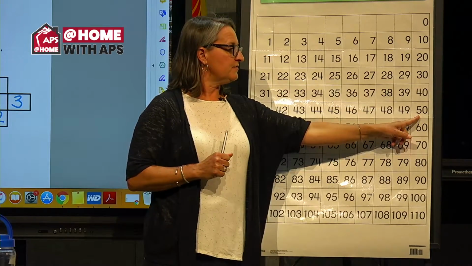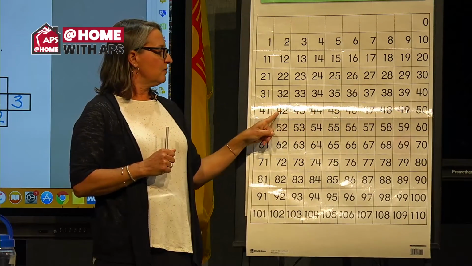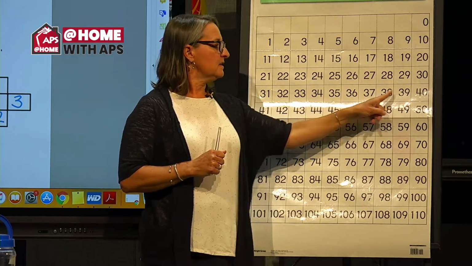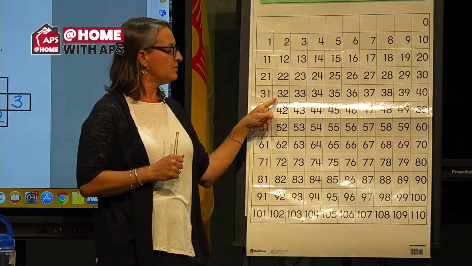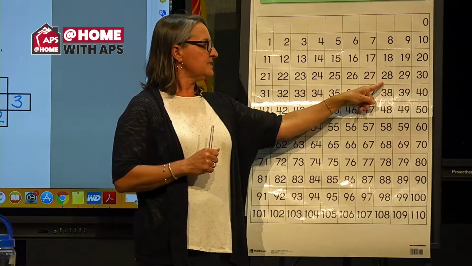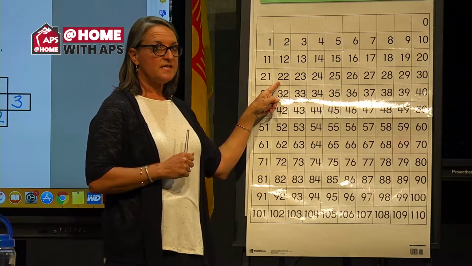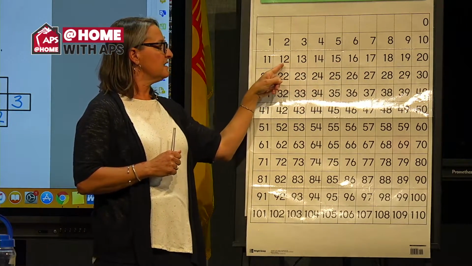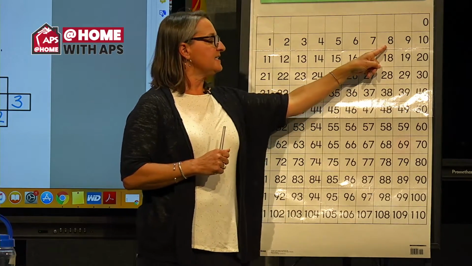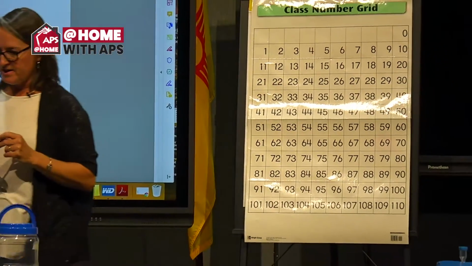Look at my hundreds chart for help or look at your hundreds chart at home. 50, 48, 46, 44, 42, 40, 38, 36, 34, 32, 30, 28, 26, 24, 22, what's next? 20, 18, 16, 14, 12, 10, 8, 6, 4, back at 2. Nice job, guys. Very good.